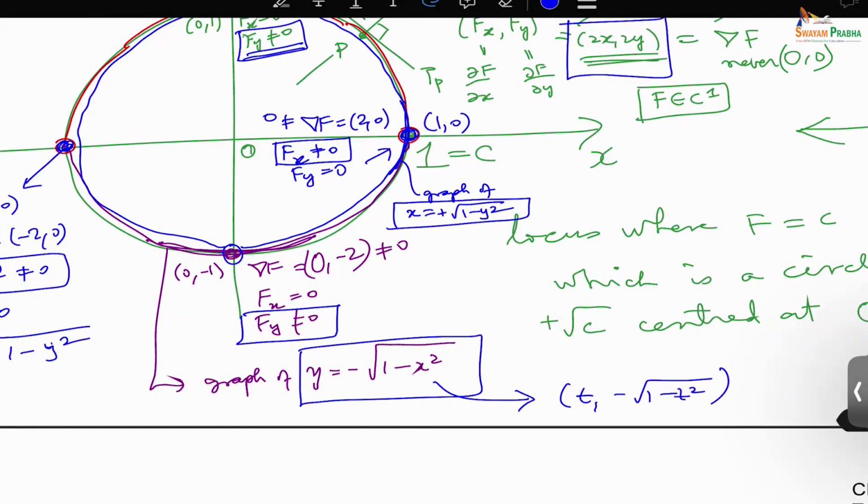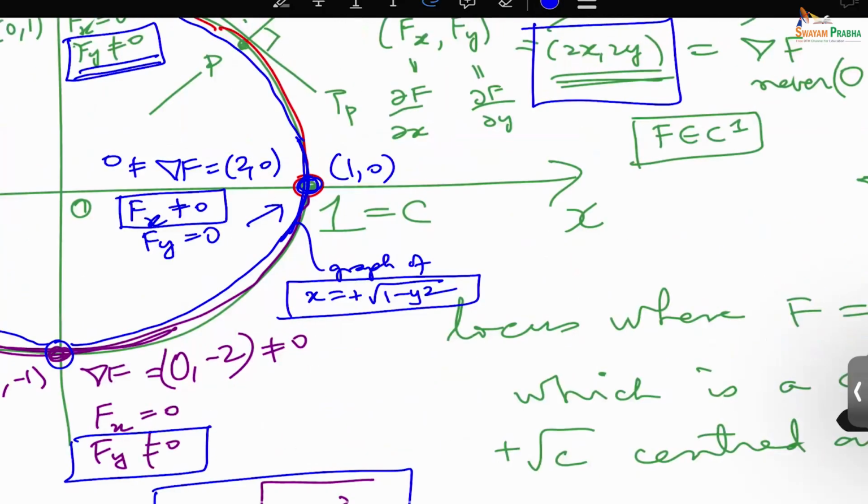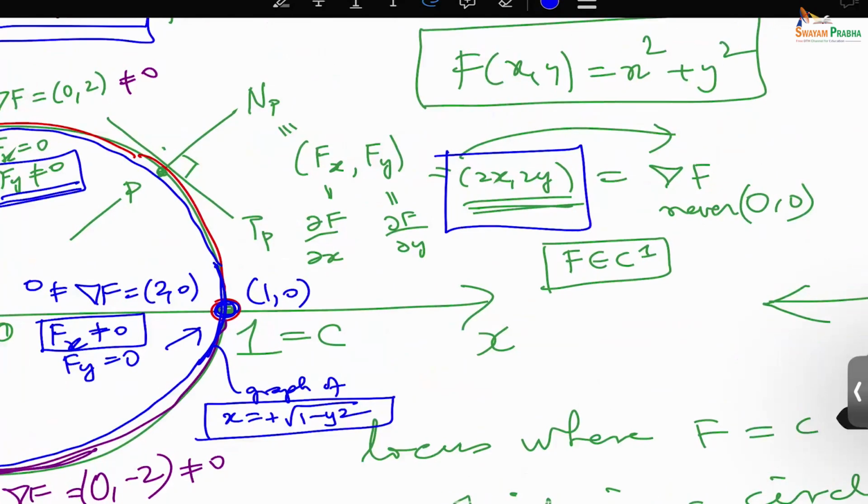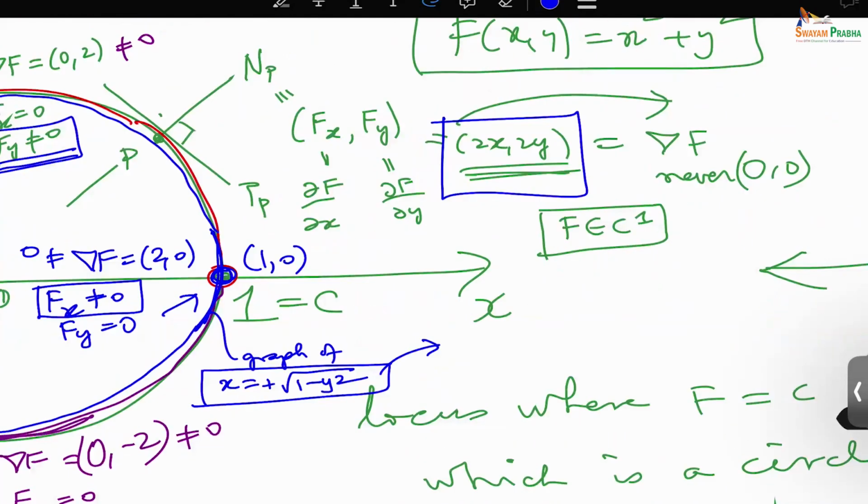And similarly, if you take here, you see x is the dependent variable. y is the independent variable now because x is a function of y. So y is the independent variable. Take the independent variable as a parameter. So this parameterization will be root of 1 minus t squared comma t.